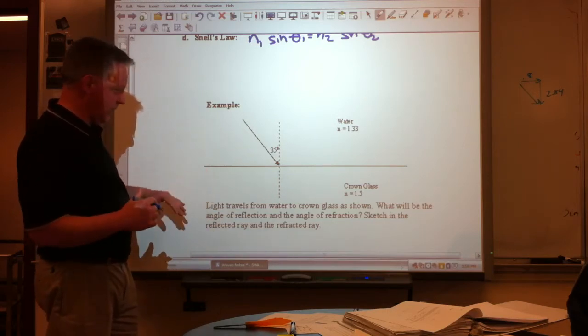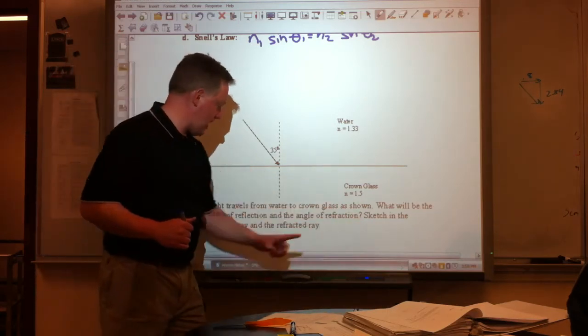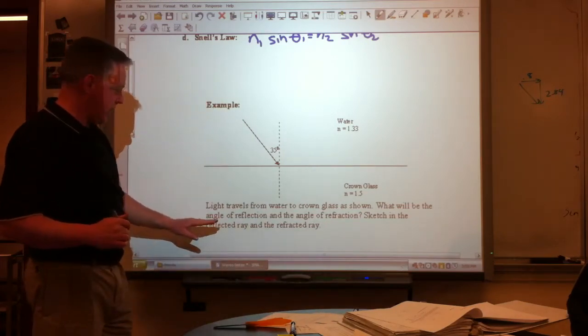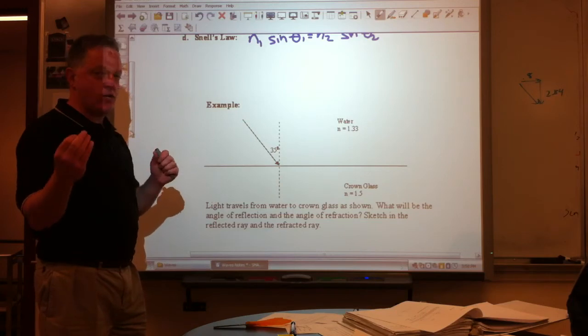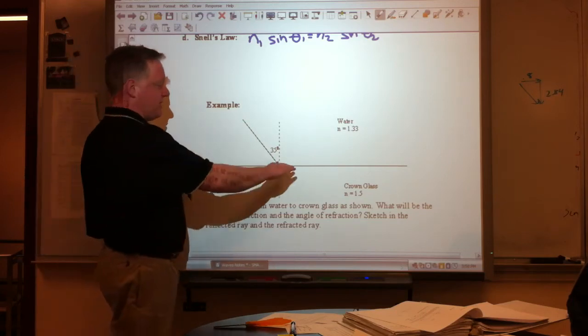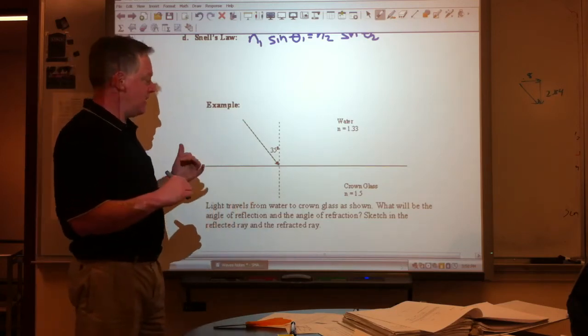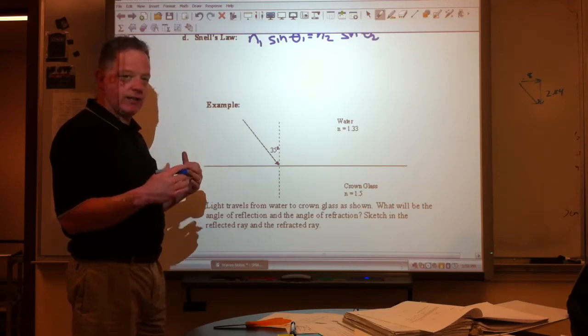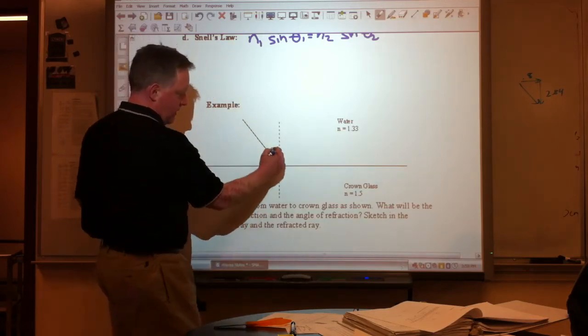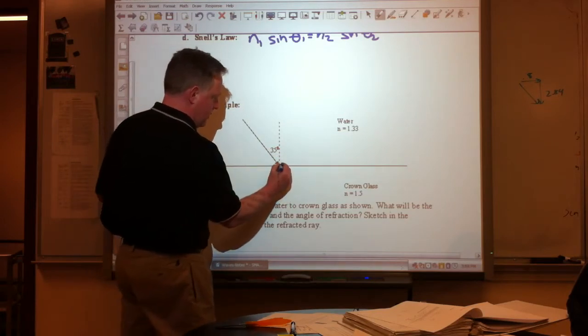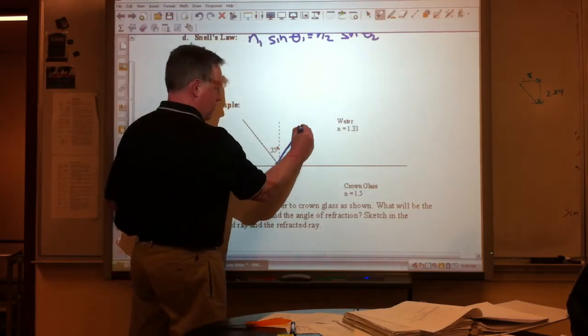Eventually we're going to have to calculate these things, but first let's just sketch in the reflected ray and the refracted ray. We've been talking about reflection and refraction separately, but every time light hits a surface, it's going to do both. Some of it's going to reflect, some of it's going to refract. So here's my surface. The light's coming down like this, it's going to hit that surface, and it's going to reflect back up this way.